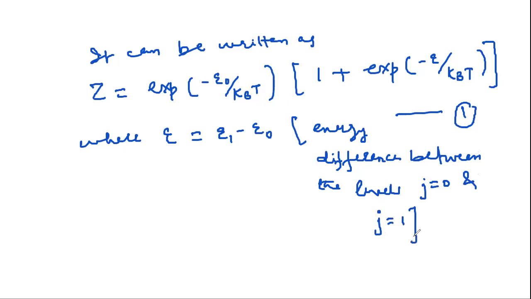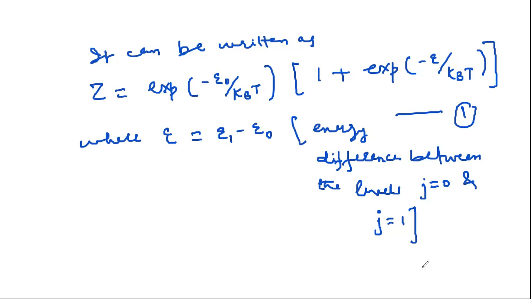You can check it yourself. You can write Z equal to exponential of minus epsilon naught by kT times 1 plus exponential of minus epsilon by kT, where epsilon is equal to epsilon 1 minus epsilon naught, which is the energy difference between the two levels which are available to us. One level is J is equal to 0 and the second level is J is equal to 1.